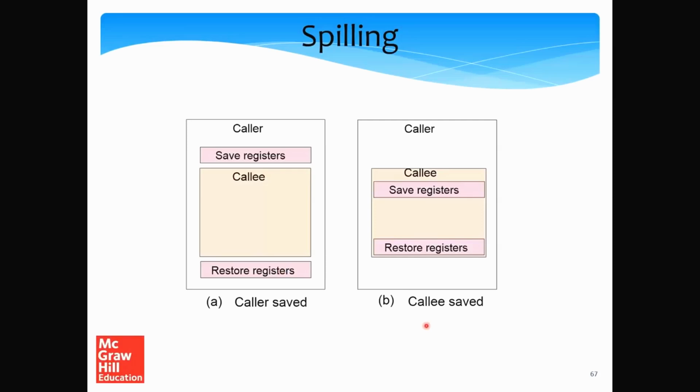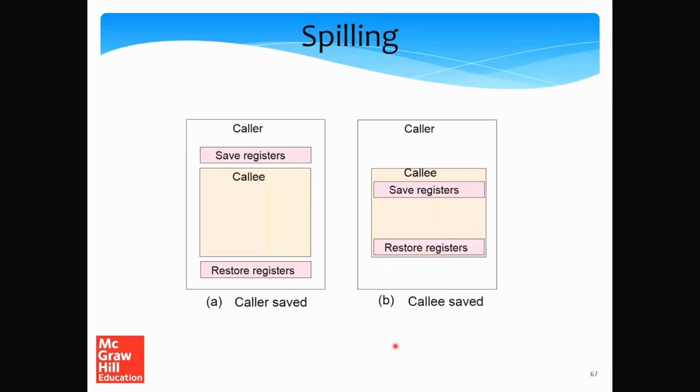In a callee saved scheme, the idea is that the caller does not do anything. So it assumes that all of its registers, unless of course you mutually decide that a certain register is going to contain a return value, will maintain their value. The callee will first save the registers, subsequently do its work, and just before returning restore the value of the register.